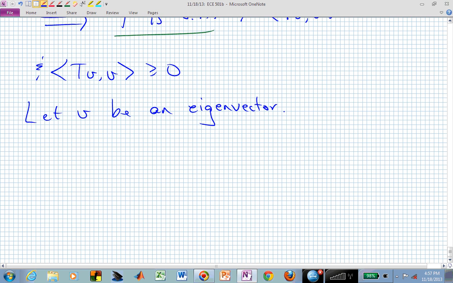So in <Tv, v>, we can replace Tv with lambda v. Let's just say it's any generic eigenvector v, so Tv is lambda v. That's greater than or equal to 0.